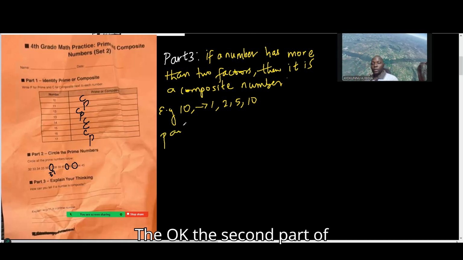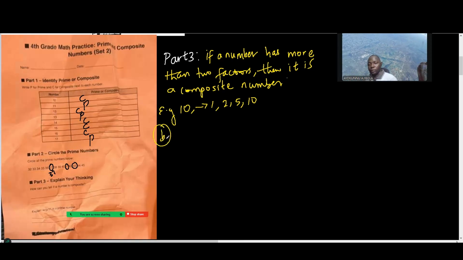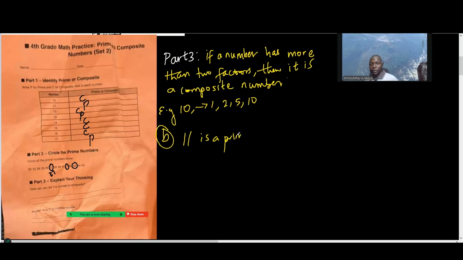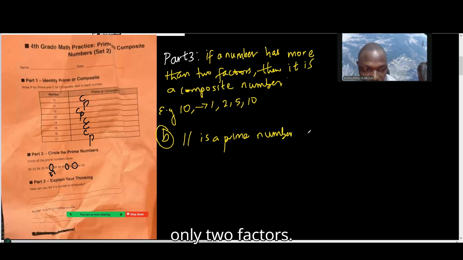The second part, part 3b: explain why 11 is a prime number. 11 is a prime number because it has only two factors.